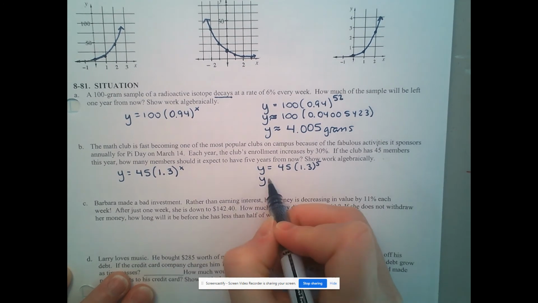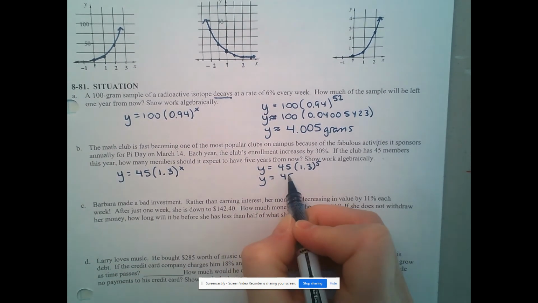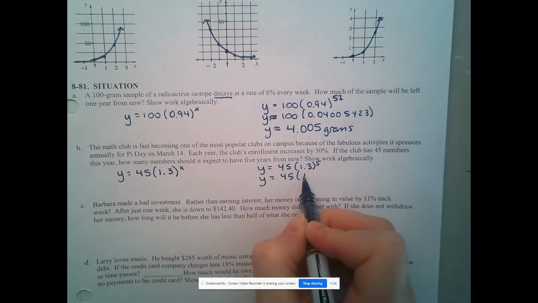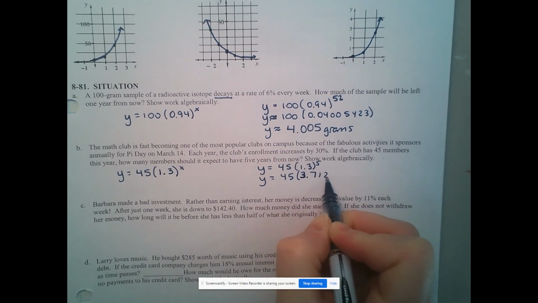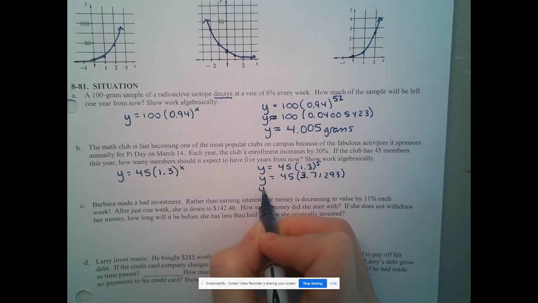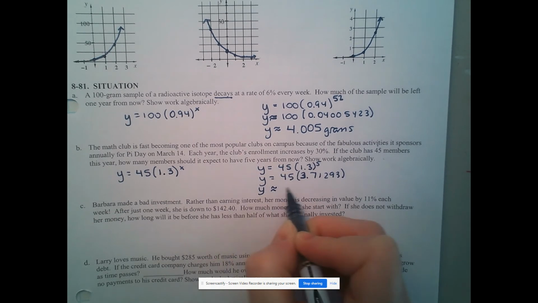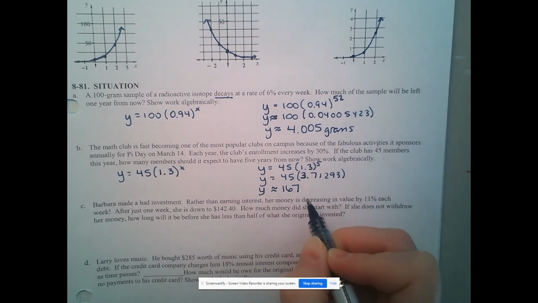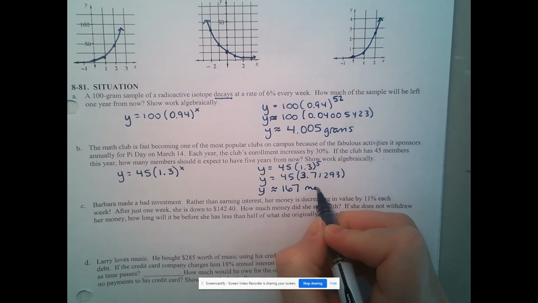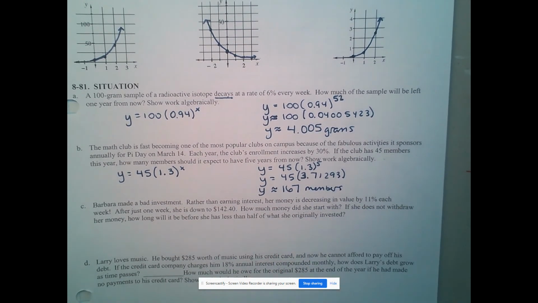So y equals 45 times 1.3 to the 5th, 3.71293, and the answer that you get has a decimal, and we have to round it to whole people. So approximately 167 members. All right, 2 questions left.